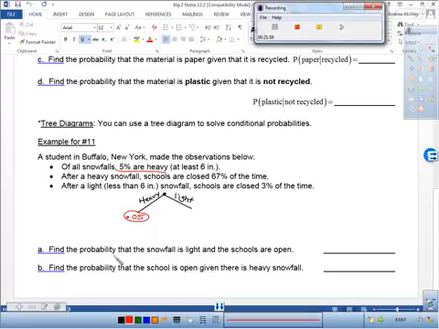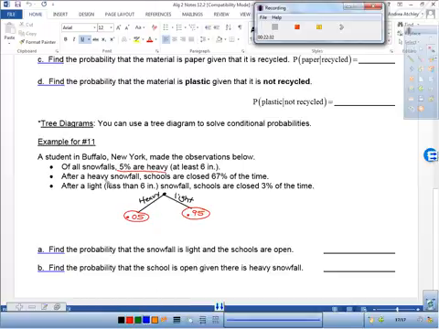If, when it snows 5% of the time, it is heavy, what would be the light? 95, so 0.95. We have to add to 100, because 100%, right? So 0.05 and 0.95 gives me 100, or 1 in this case, because I changed it to decimals. Any questions? Okay, then we go on from there.